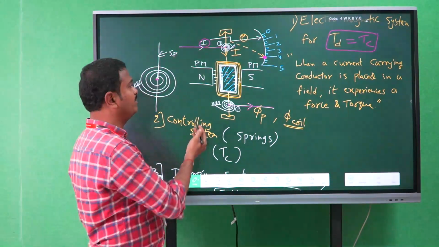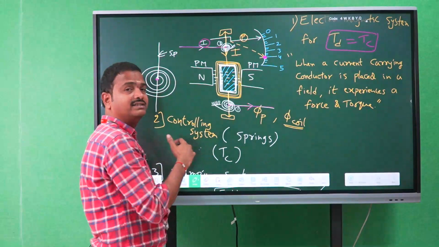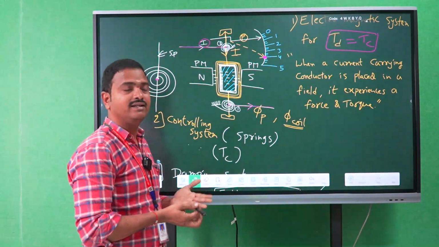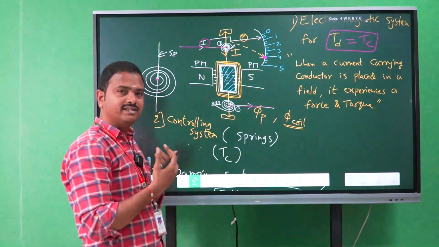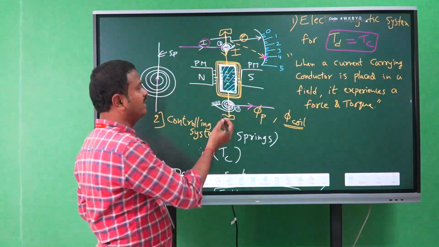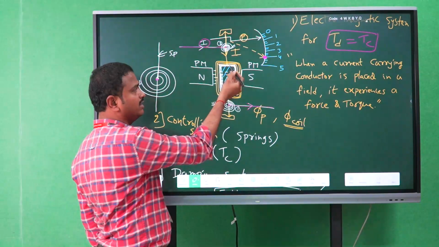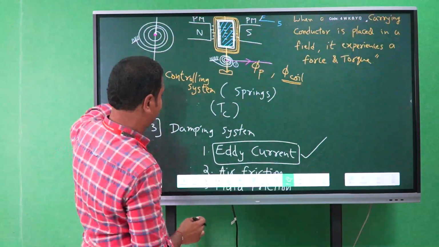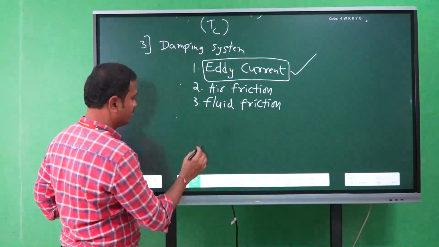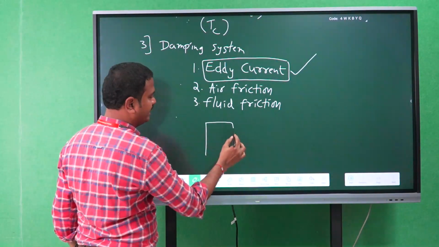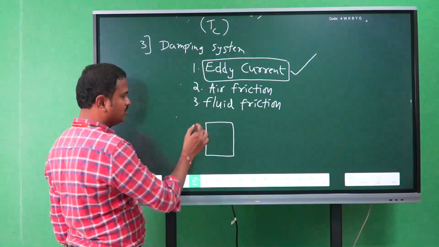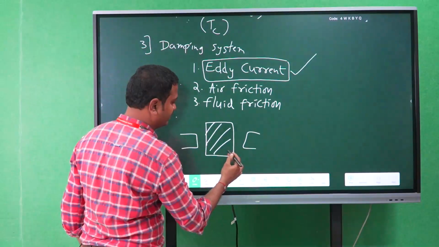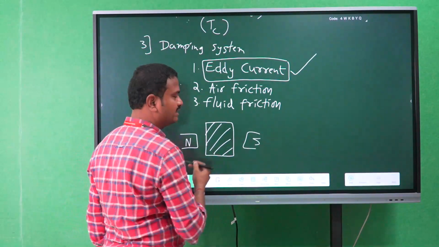So whenever the permanent magnetic flux lines are linking with the aluminum former or material, then according to Faraday's law, small EMFs will be induced on the aluminum former or aluminum material. For example, take some aluminum plate. So this is entirely an aluminum plate, for example. Here, these are the permanent magnets.